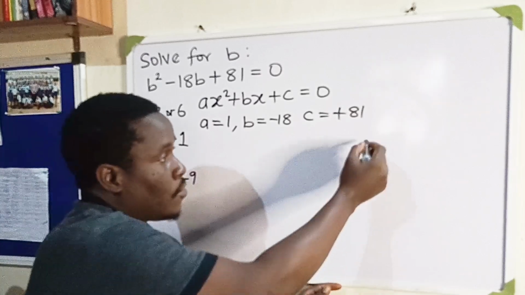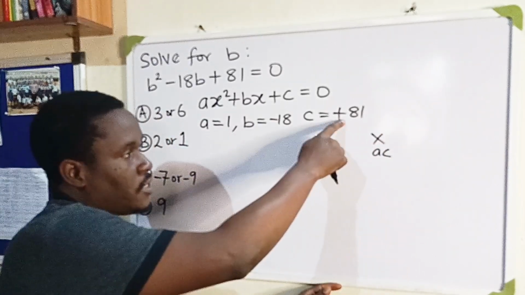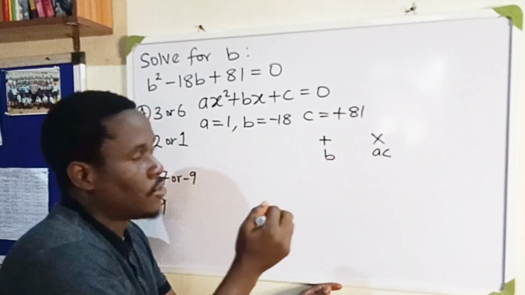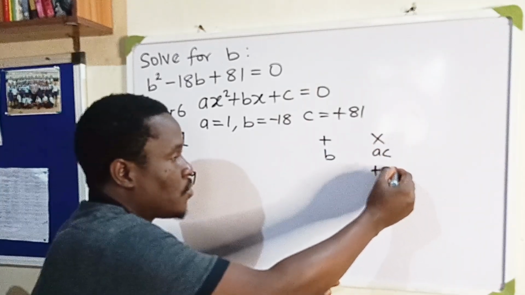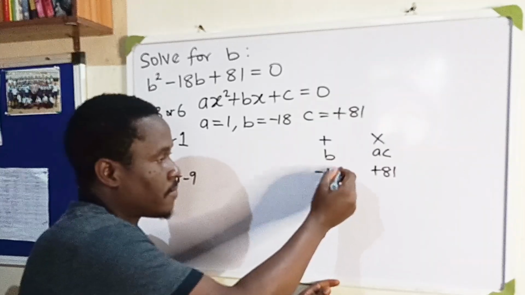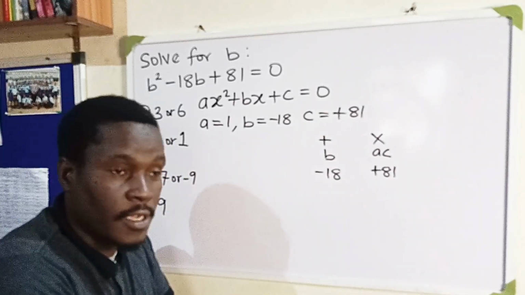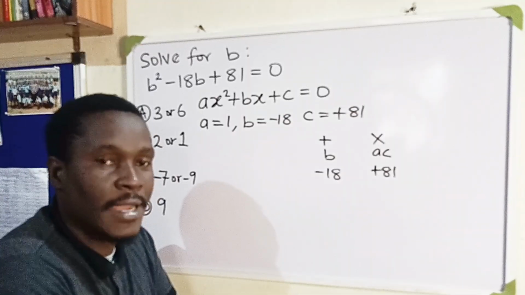We're going to look for two numbers that will multiply themselves to give us AC, and those same two numbers will add themselves to give us B. What is AC? AC is 1 times plus 81, which is plus 81. And our B is minus 18. So we are looking for two numbers that multiply to give plus 81 and also add to give minus 18.